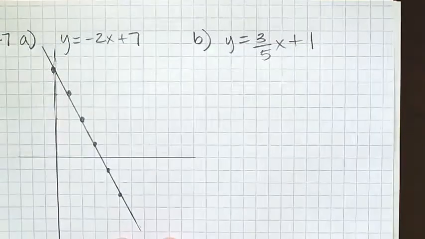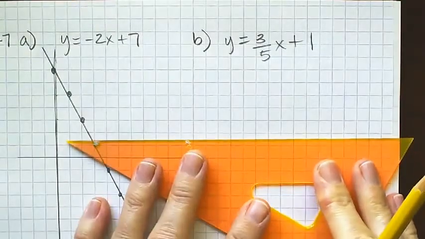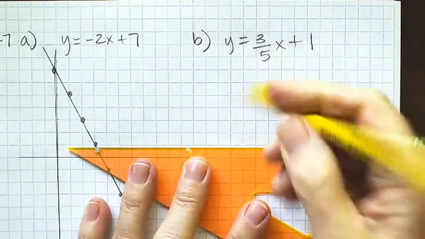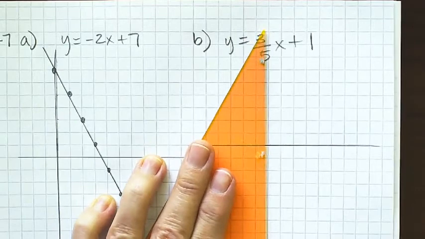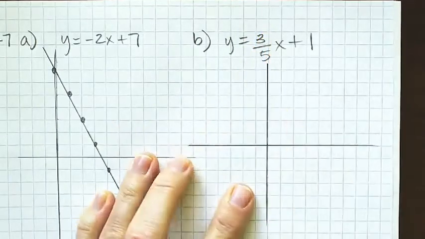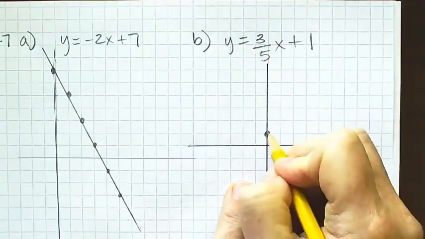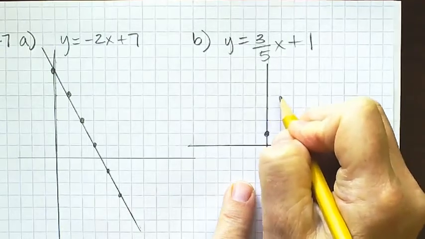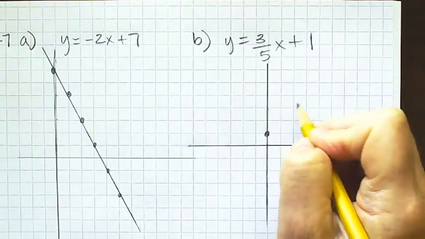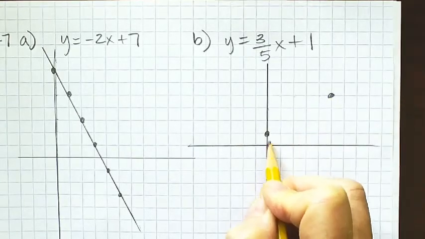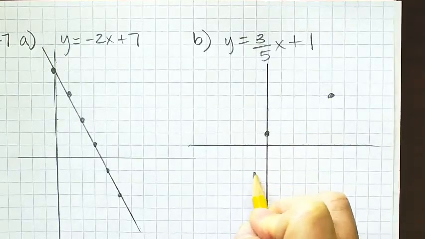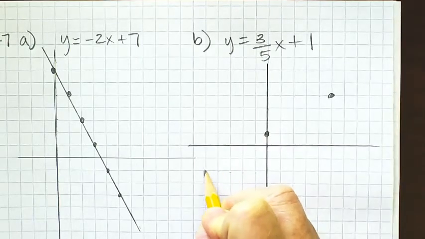So let's think about that as we put this x and y axis on the graph paper. All right, y-intercept is 1. I'm going to go up 3 and over 5. And then I'm just going to go backwards, down 3 and over 5.